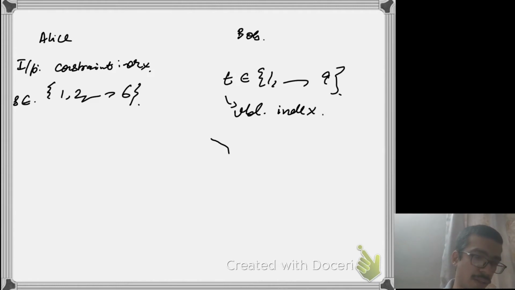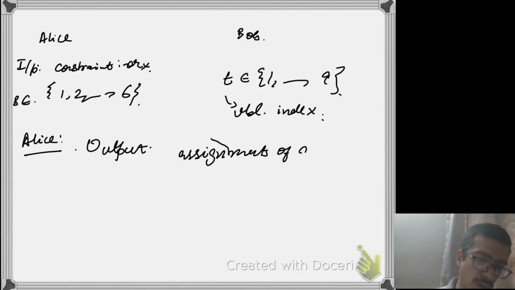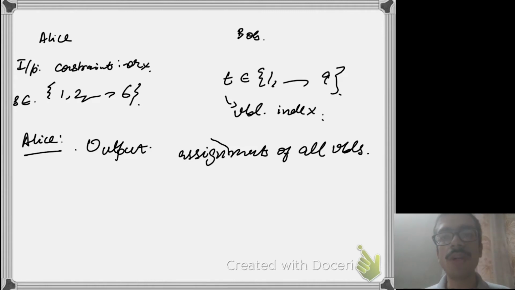And what are their outputs? Alice needs to output assignments of all variables in the given row or column.